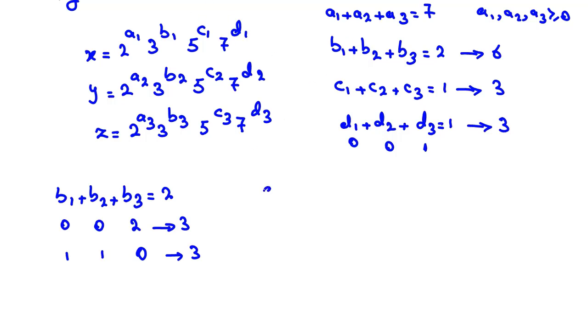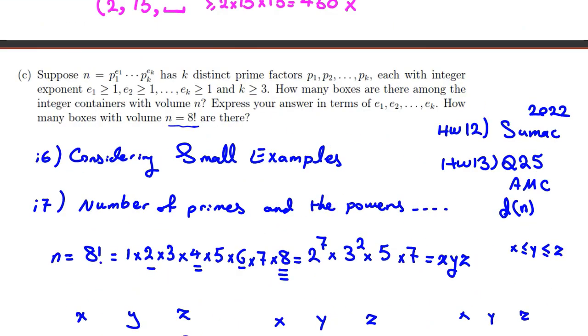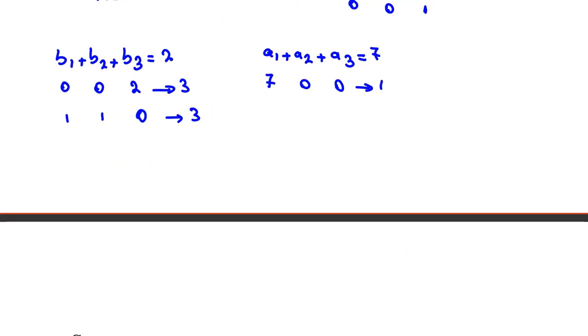And now let's focus on a1 plus a2 plus a3 equal to 7. One way is case work. Case work means, for example, we consider a property and then split the solution into smaller cases by considering cases of that property.